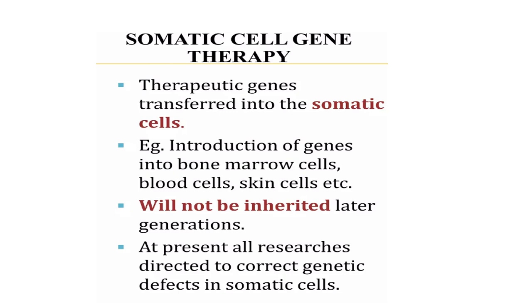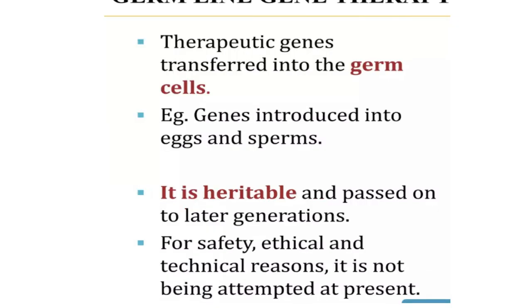We can do it into skin cells, blood cells, bone marrow cells. And this is currently what researchers are trying to do, especially in fetuses, so that the baby can be born with genes that will make up for the defective genes by making the protein that the defective genes can't.